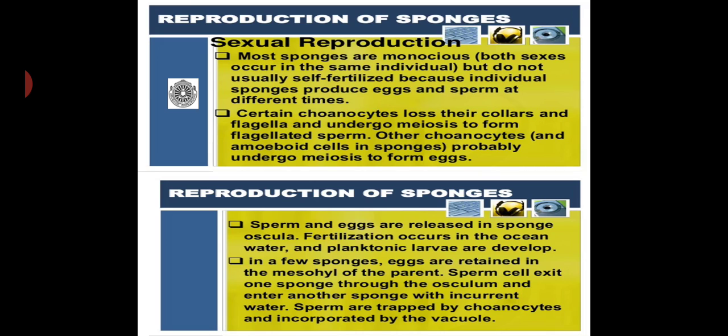Students, in your earlier classes you must have heard of the concept called protogyny and protandry, wherein protogyny refers to the production of female gametes first, and protandry refers to the production of male gametes first by a bisexual animal.